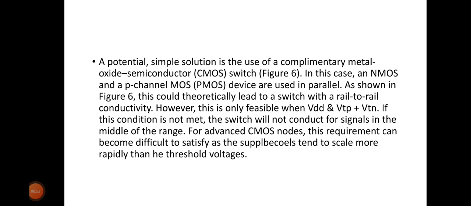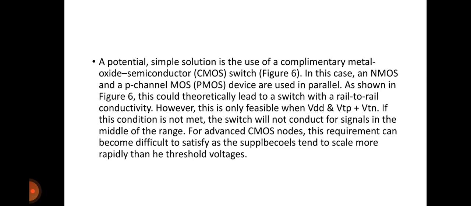A potential simple solution is the use of a complementary metal oxide semiconductor CMOS switch. In this case, an NMOS and a P-channel PMOS device are used in parallel, as shown in the figure. This could theoretically lead to a switch with rail-to-rail conductivity.